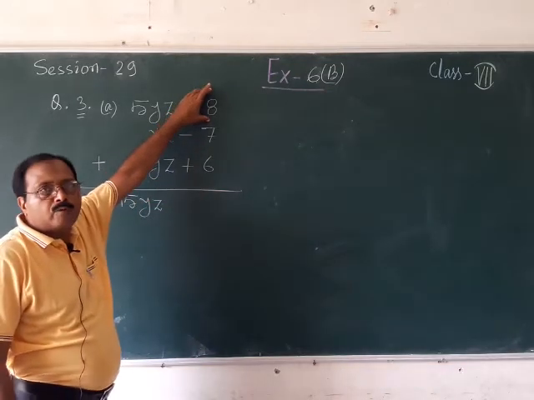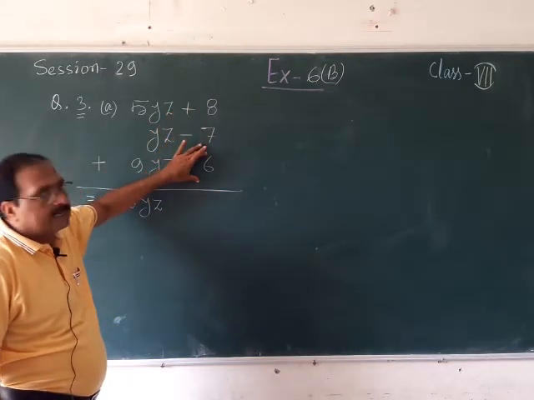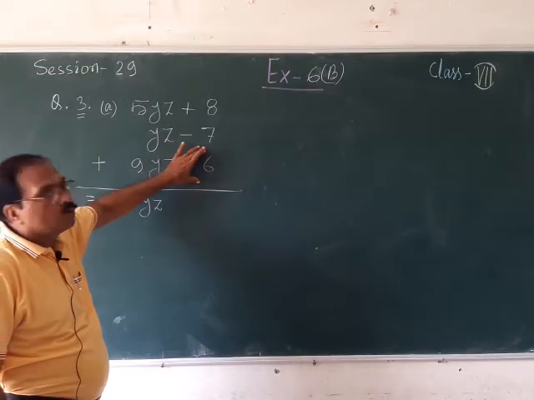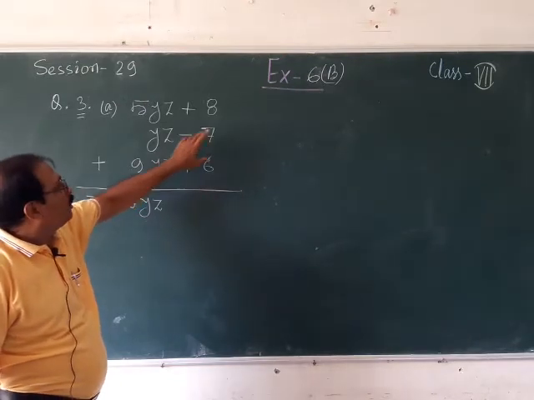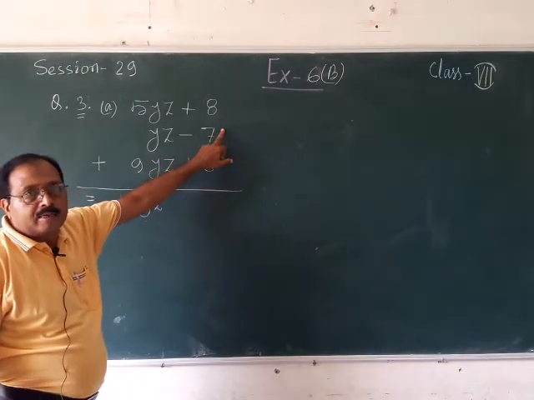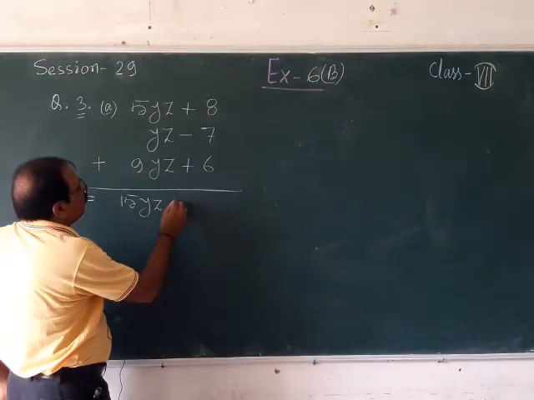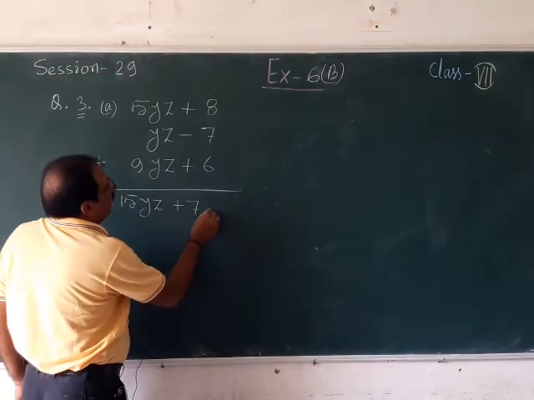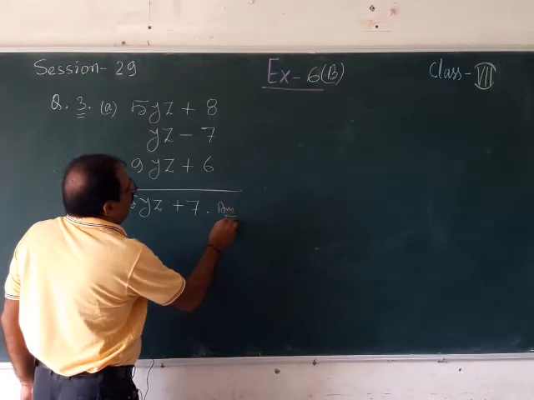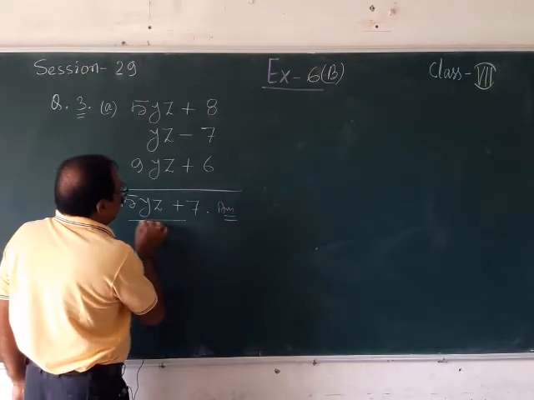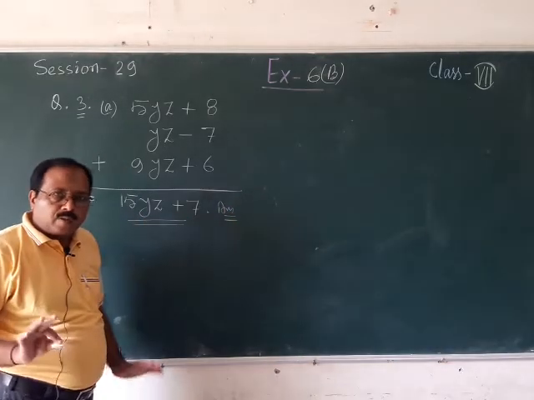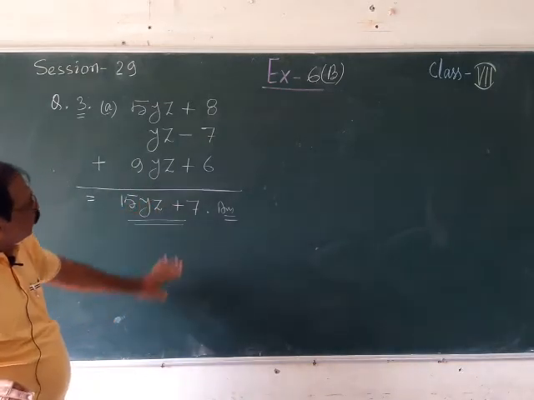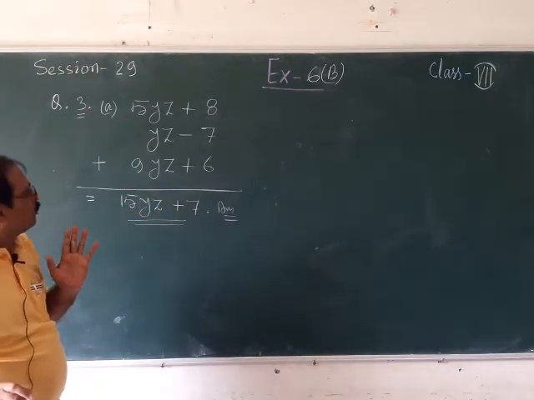First add 8 and 6, which gives 14, and 14 minus 7 gives 7. That means you have plus 7, and this is your answer. Like that you can do the question and your correct answer will come out.